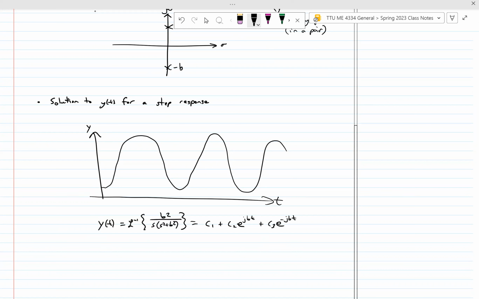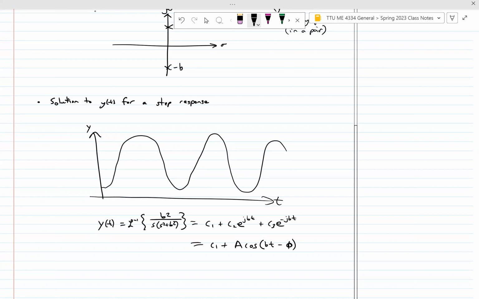What is this also equivalent to? Somebody whispered it. It's something along those lines. It's going to be relating to a sine or a cosine. I'm just going to say a cosine of bt minus phi here for one form of that.